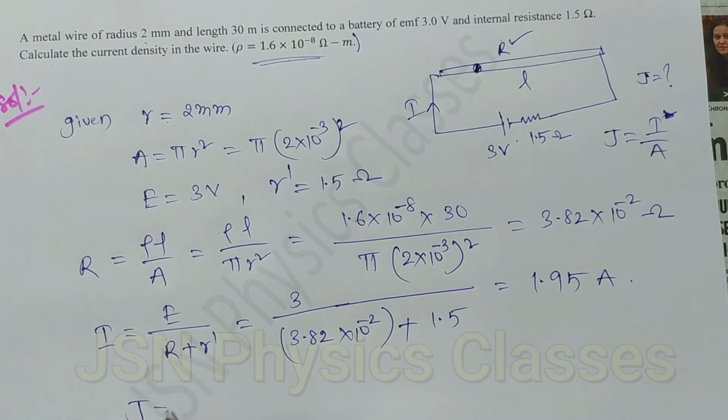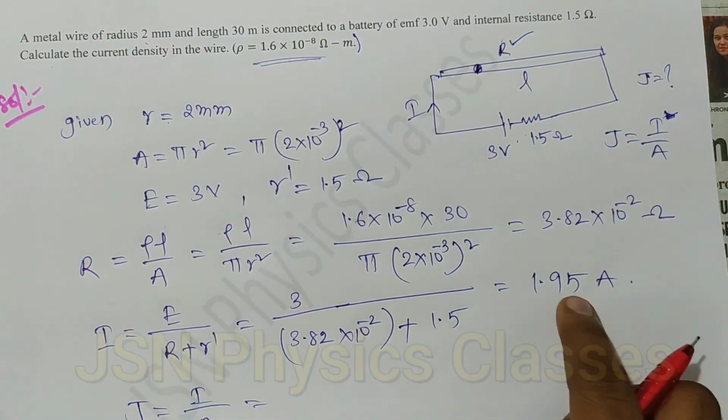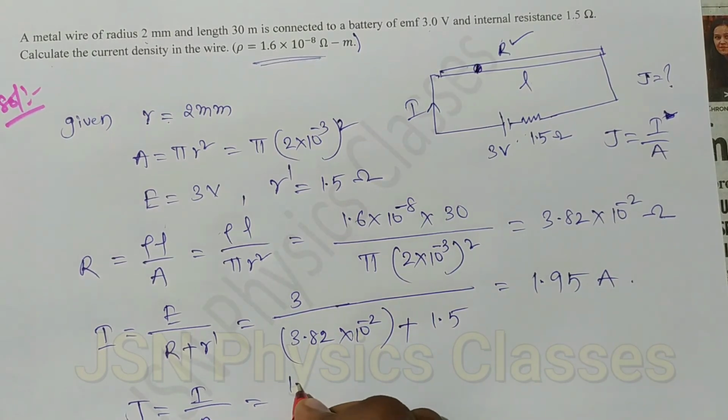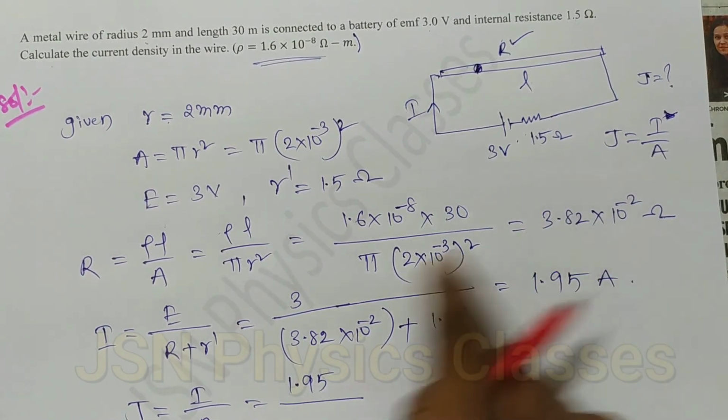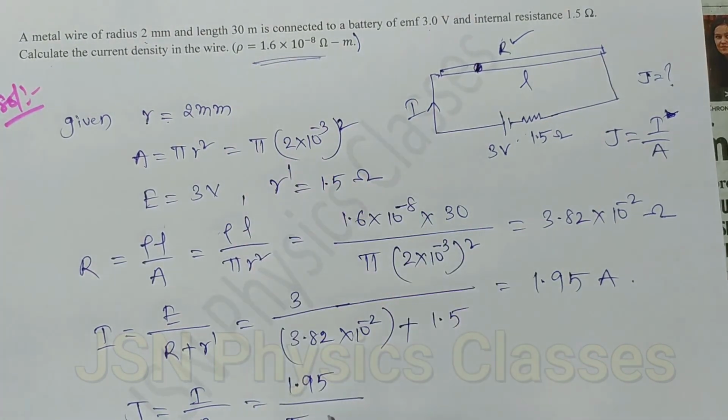Current density J is equal to I by A. The value of I is already calculated, 1.95, divided by A, the area of cross section, which is pi into 2 into 10 to the power of minus 3 whole square.